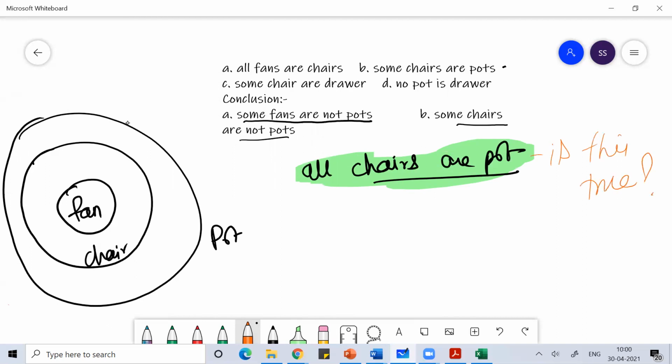That is what I'm trying to do, to find the answer for this problem.